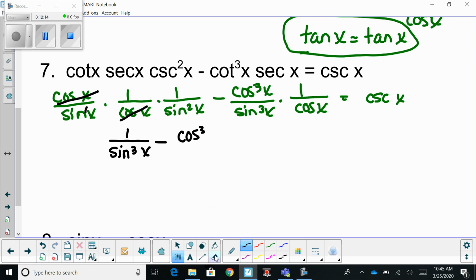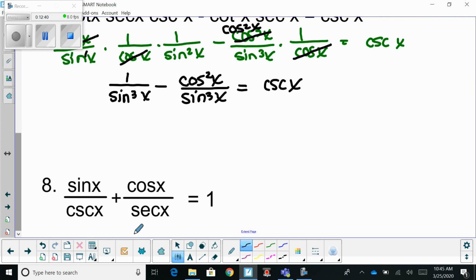Oh, nope, let me back up. Let me simplify over here first. Sorry about that. Right here, this can reduce. A cosine will reduce with a cosine cubed and become a cosine squared. So now I have minus cosine squared x all over sine cubed x. Still have my cosecant.